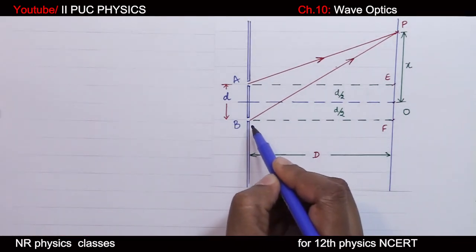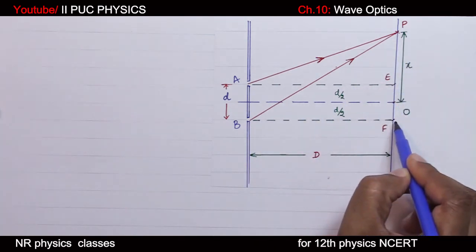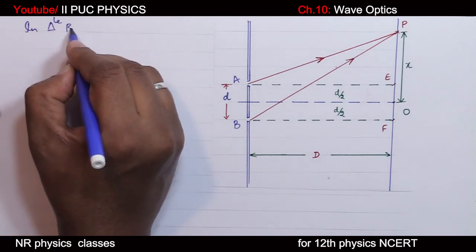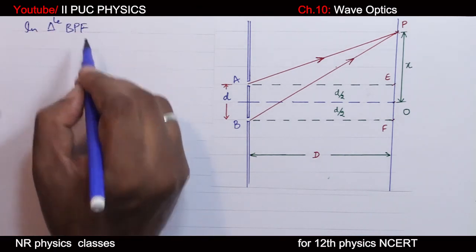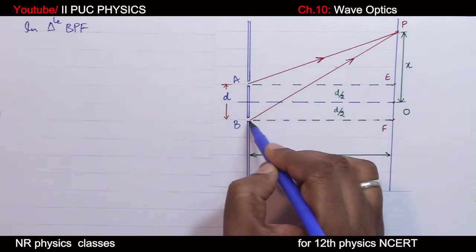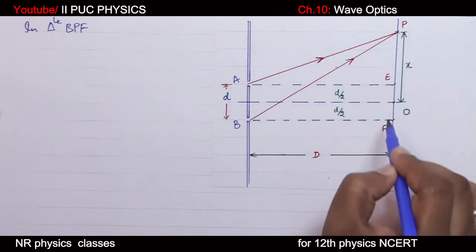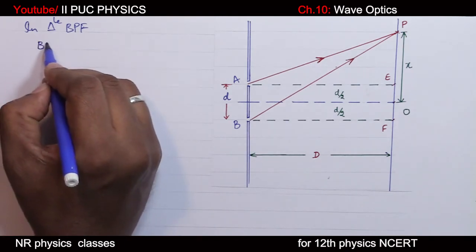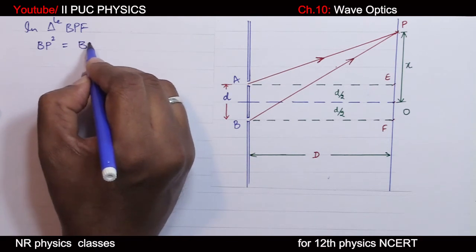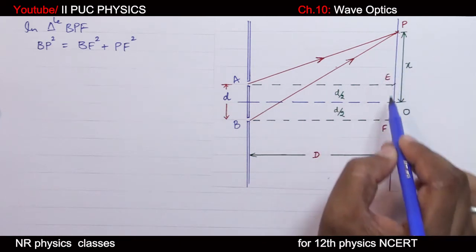Consider the big right angle triangle BPF. In triangle BPF, let me use Pythagoras theorem. BP square equals BF square plus PF square.